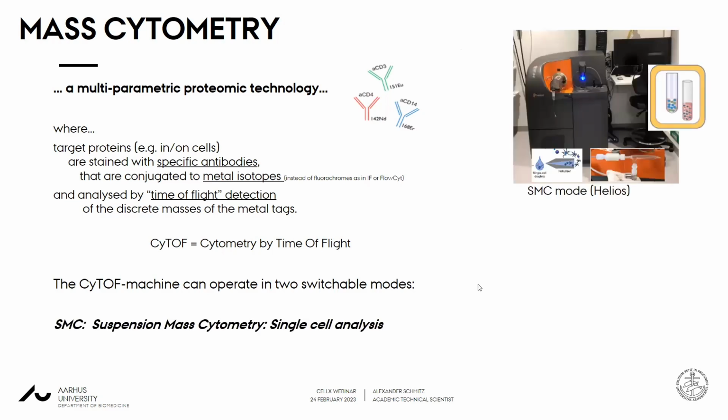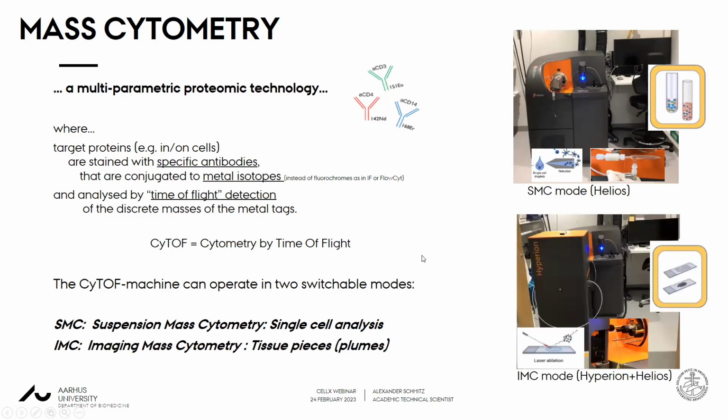The first mode is the suspension mode, working mainly on the Helios part of this Cyto machine, where, like in a normal flow cytometer, you introduce single particles, single cells, spray them into the machine, and then analyze them by time of flight.